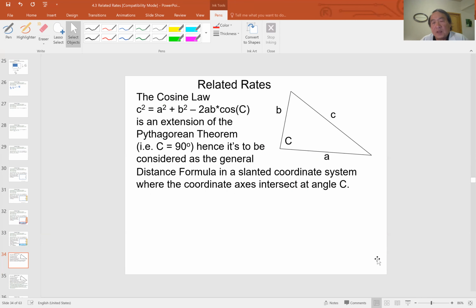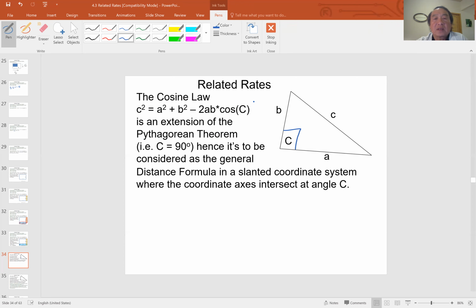Each side will have a rate of change: dc/dt, da/dt, db/dt. But the cosine law says the sides A, B, C and the angle capital C are always related. This is always true. The cosine law is the extension of the Pythagorean theorem.